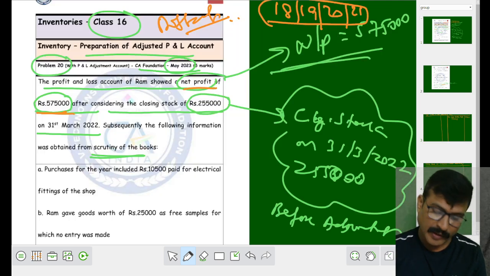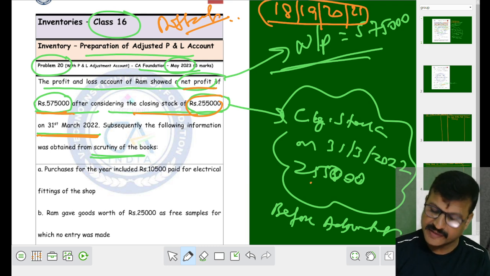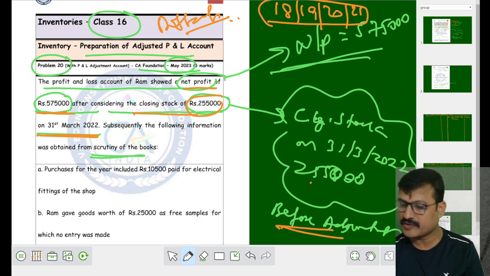Fine. Then what else? We have the closing stock on 31st March 2022. This is called closing stock before adjustment.